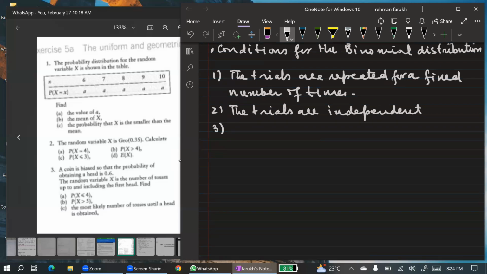Number three, the probability of success remains the same throughout.